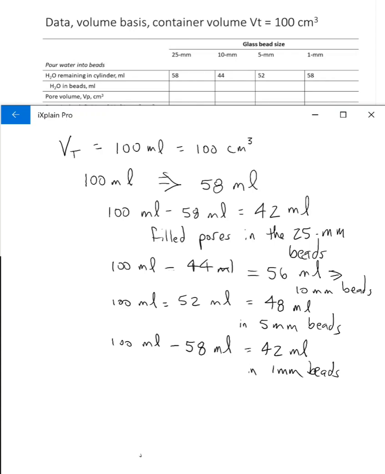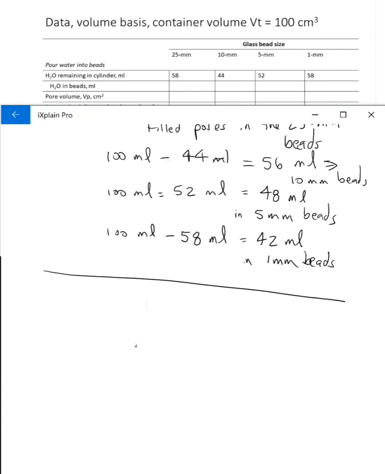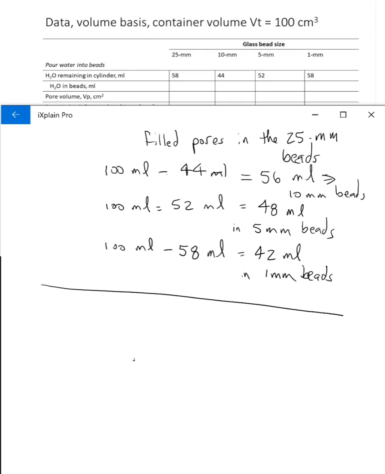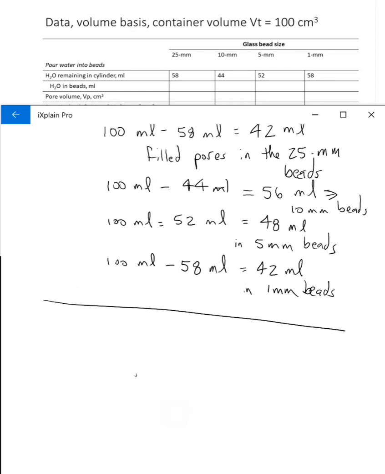The table up here, we'll reproduce it. We have 25 millimeter beads. We have 10 millimeter beads. We have 5 millimeter beads and 1 millimeter beads.